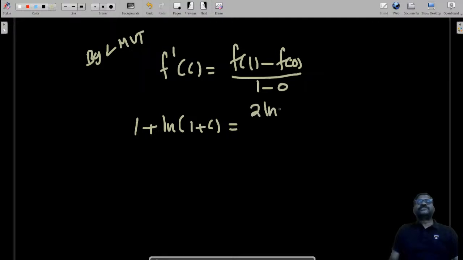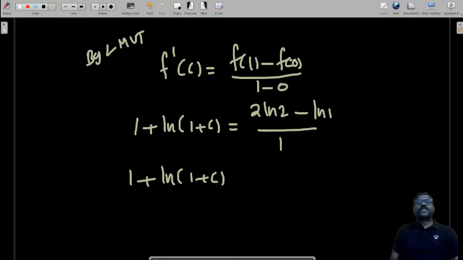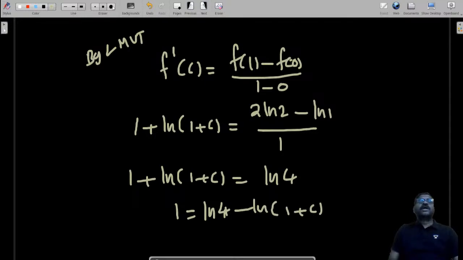F of 1 is 2 log 2. F of 0 is 1 log 1, which is 0. One plus log 1 plus c equal to log 4. So 1 is equal to log 4 minus log 1 plus c.